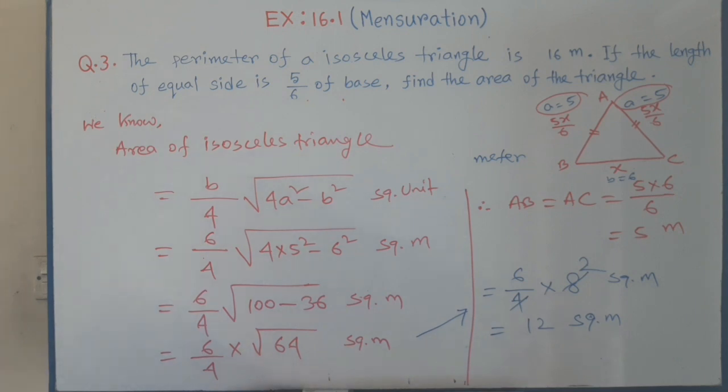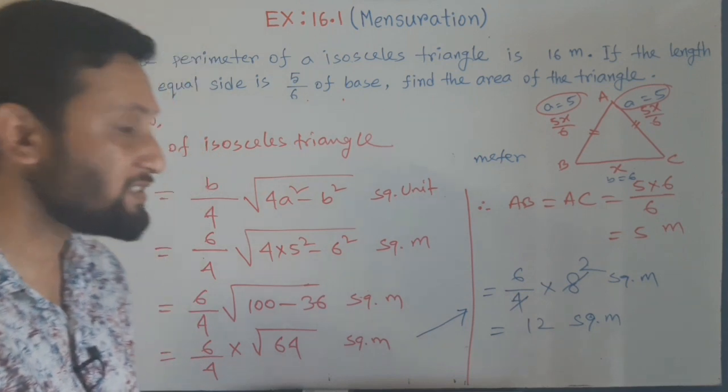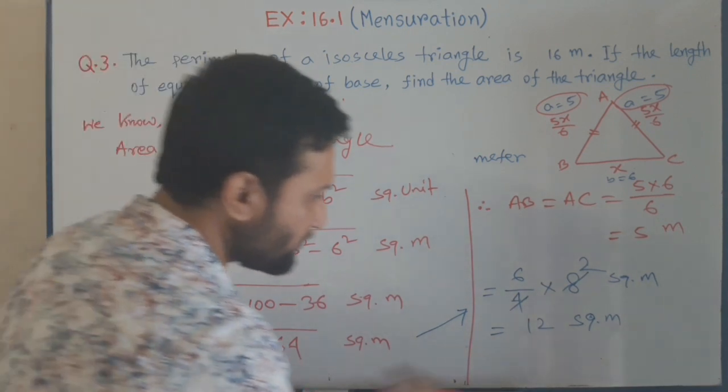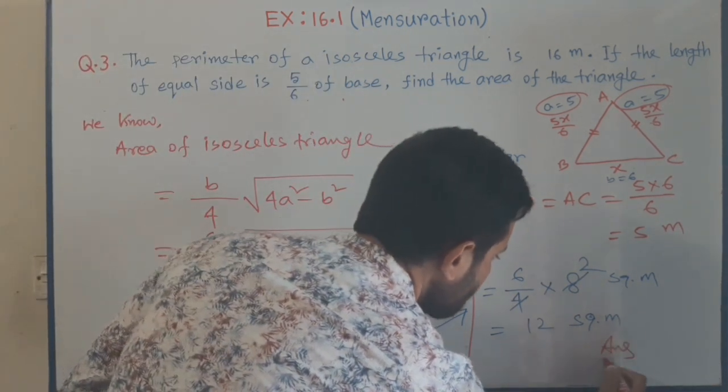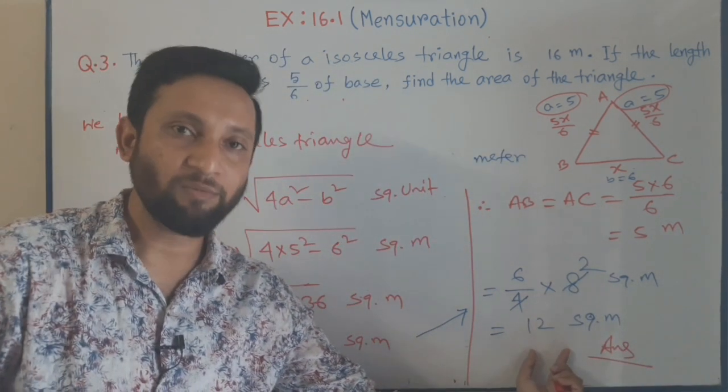Therefore the area of this isosceles triangle is 12 square meter. This is our required answer. I hope everybody is clear.